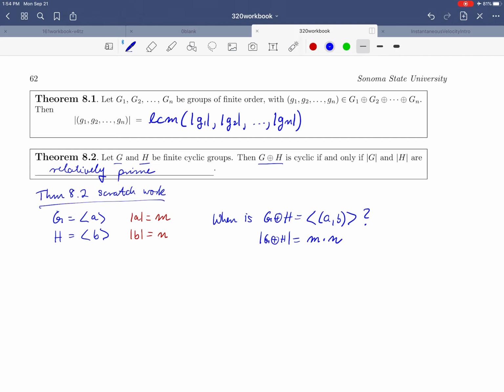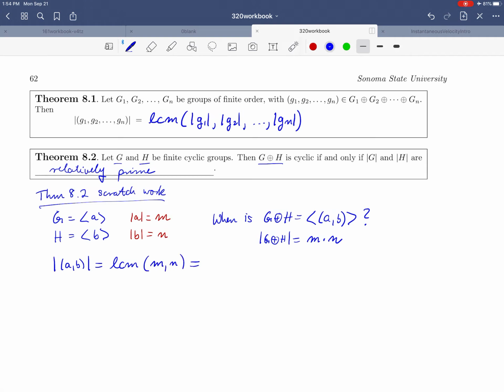And now we can go back and remember what we learned in Theorem 8.1. The order of (A, B) is the least common multiple of the order of A and the order of B, so that's M and N, respectively.